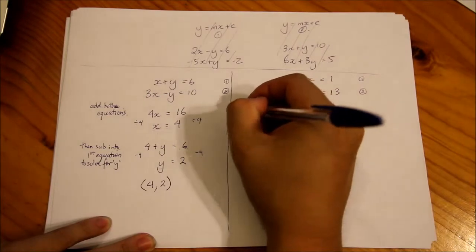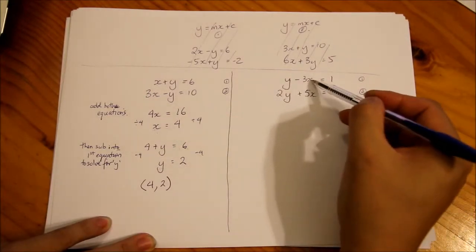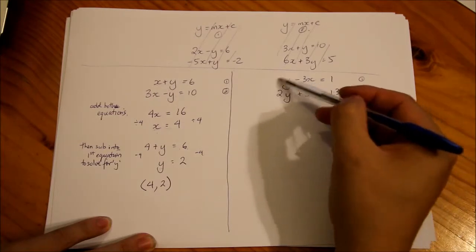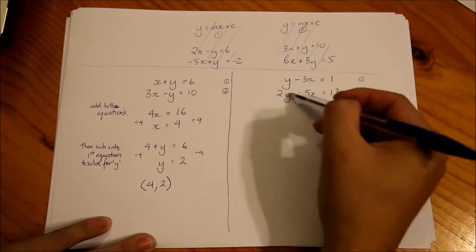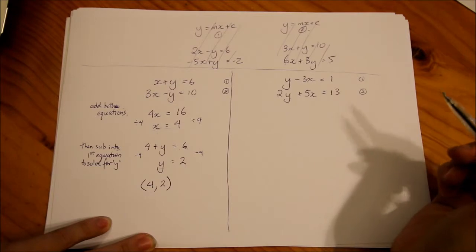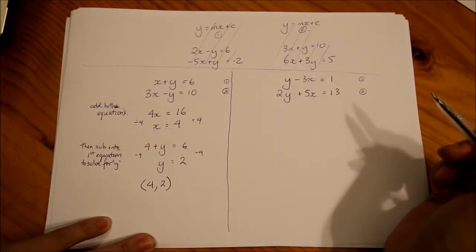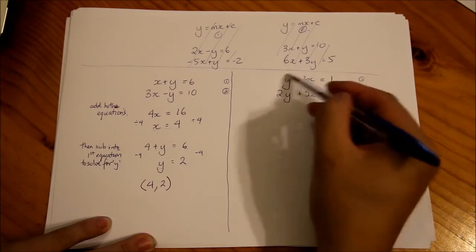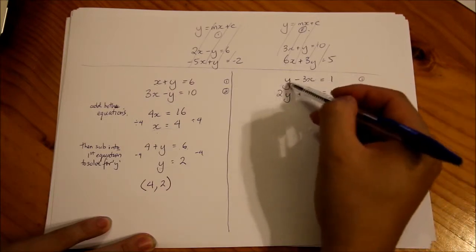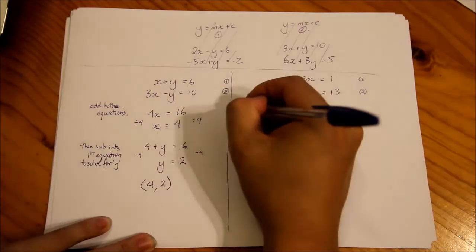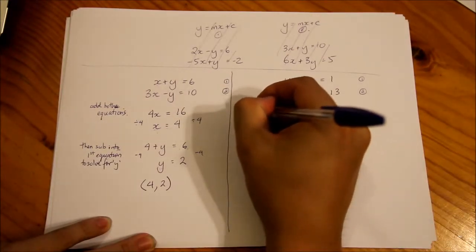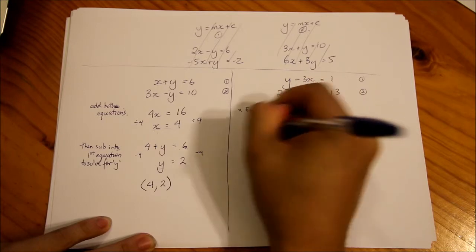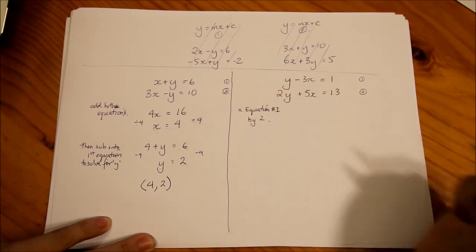What I want to do first is to modify one of these equations so that the coefficient of y does equal the other equation. So I want to double this first one, so then I get 2y. So I'm going to multiply equation number 1 by 2.